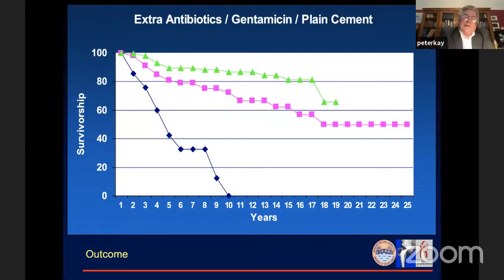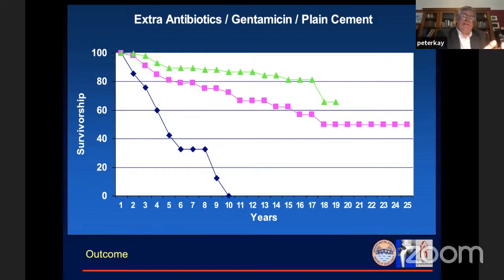And quite an interesting slide, a very old slide. The first line, the dark blue line, was our results of one-stage revision for deep infection in the hip when we just had plain bone cement. There was no gentamicin in it, no antibiotics at all, and obviously there was quite a rapid attrition rate for that. The pink line is just gentamicin.